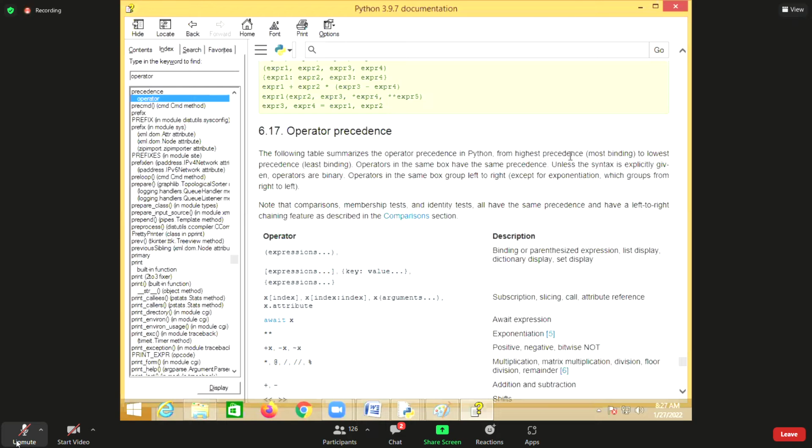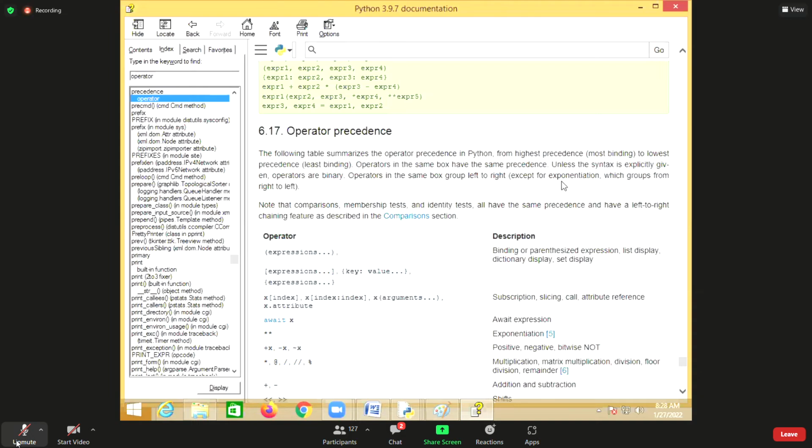Operators in the same box have the same precedence unless the syntax is explicitly given, and operators in the same box group from left to right. If they have equal precedence, evaluation is done from left to right.